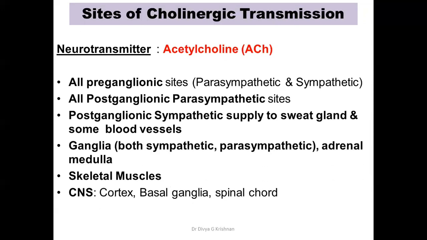Ganglia, either sympathetic as well as parasympathetic. So in the ganglia, you mainly have the cholinergic transmission, even in the adrenal medulla. Then in the skeletal muscles, and in the CNS, different parts like cortex, basal ganglia, spinal cord are the sites of cholinergic transmission. So you have to learn these sites by heart.